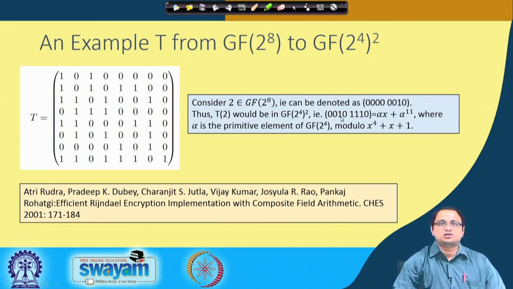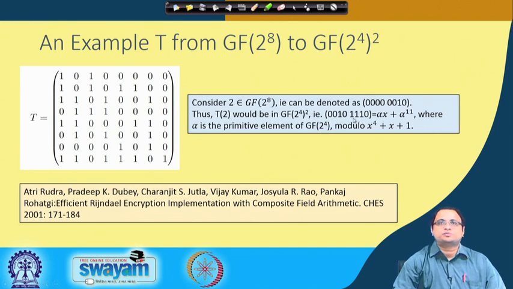Therefore, the coefficient value here is alpha, where alpha is a primitive element of GF(2^4). You can also say that in GF(2^4) this is again x, where you are using 4 bits to denote the value.